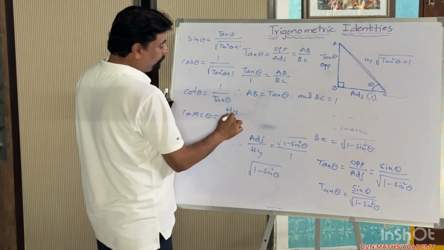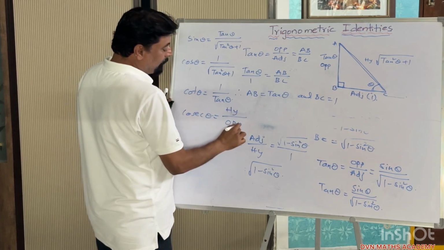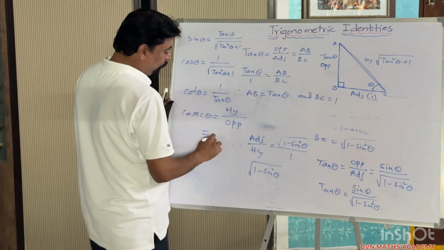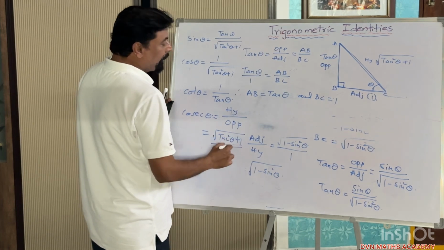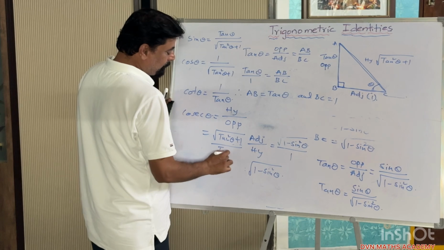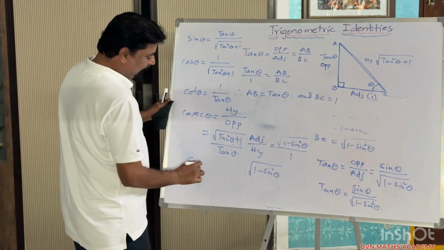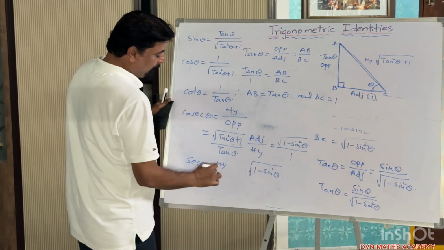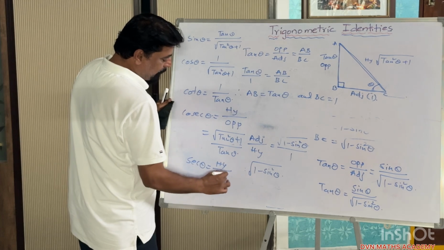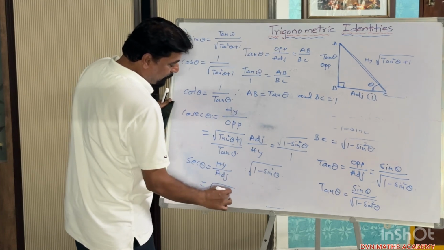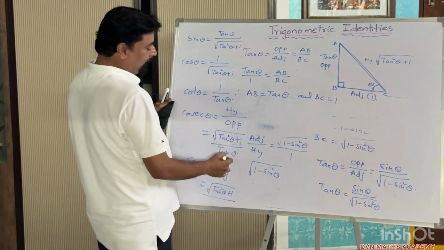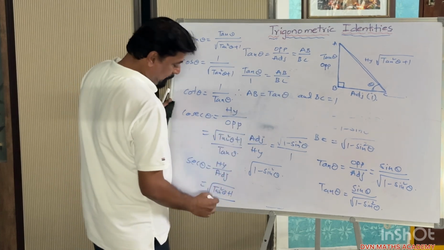Cosec theta is equal to hypotenuse by opposite. Hypotenuse I got as under root of tan square theta plus 1, by opposite, which I got as tan theta. Like that you can write sec theta. Sec theta is equal to hypotenuse by adjacent. Hypotenuse I got as under root of tan square theta plus 1, by adjacent, which is 1.